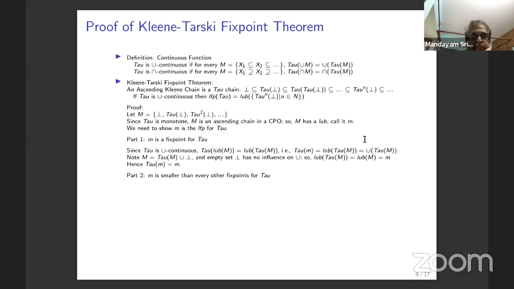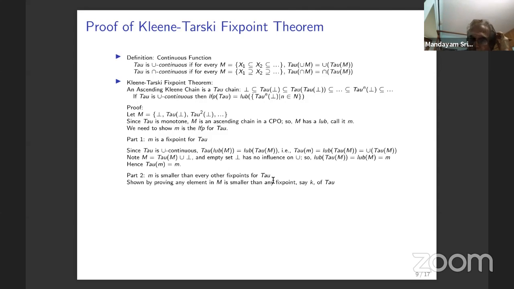And now for the second part, showing that it is the least fixed point, we have to show that M is smaller than every other fixed point of tau. This is shown by proving that any element in M, which forms a tau chain, is smaller than any arbitrary fixed point of tau.